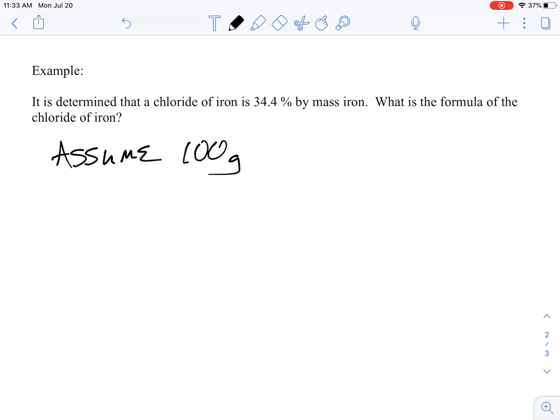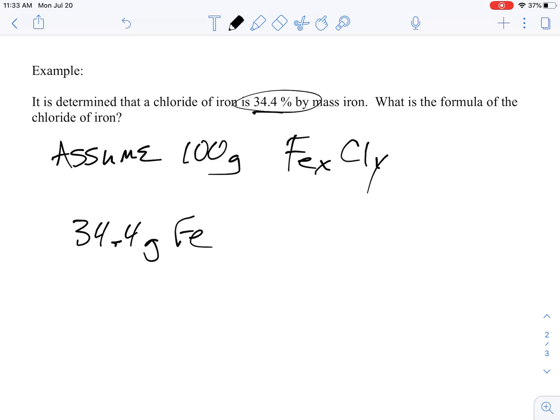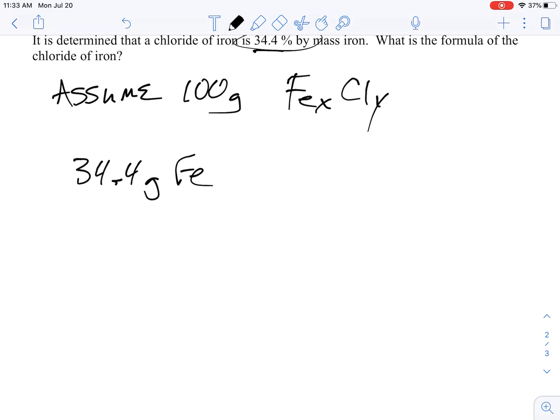So if I assume that I have 100 grams of FexCly that's here, then if 34.4% of it by mass is iron, that means I have 34.4 grams of iron. And for the chlorine, that would mean I have 65.6 grams of chlorine, because the two of those have to add up to 100 grams.